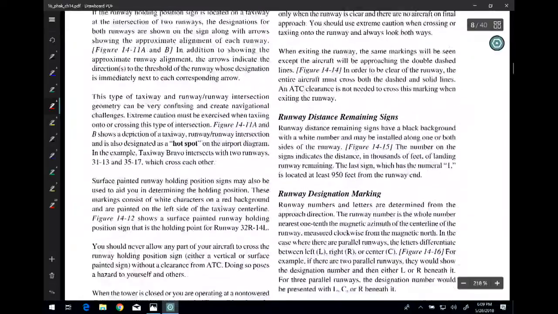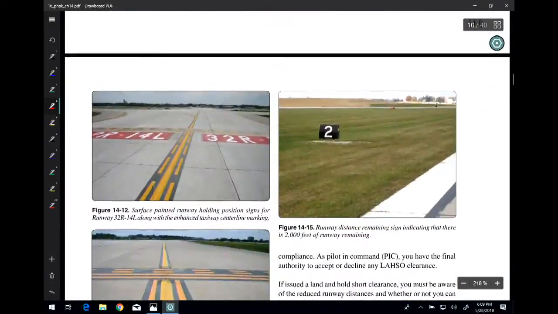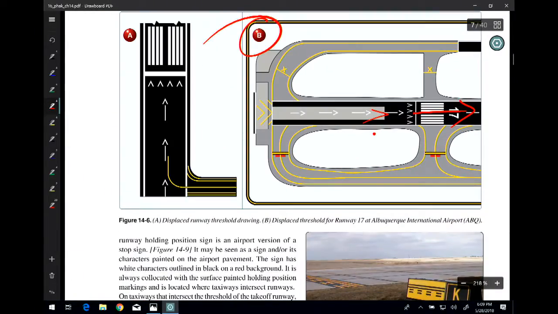You have the overrun area, which will look something more like this. On this, you cannot taxi, so there's no taxi, there's no takeoff.